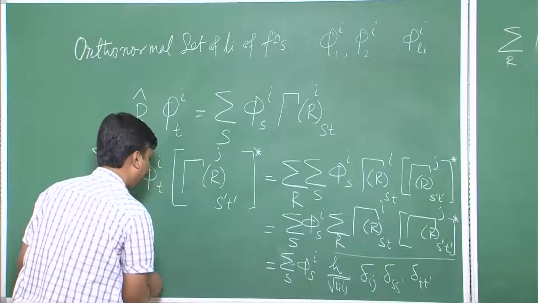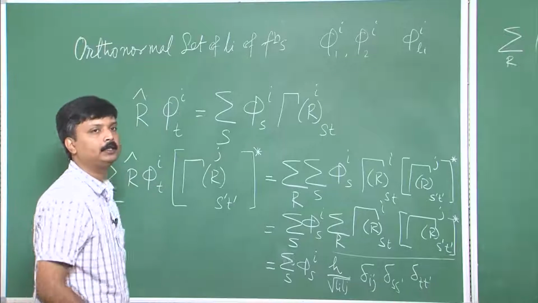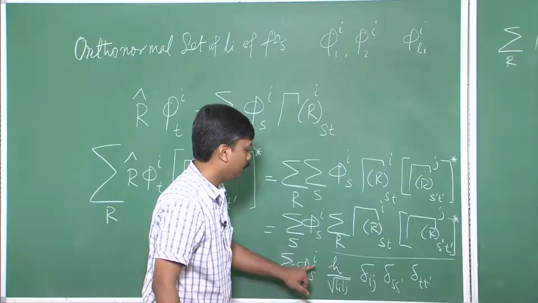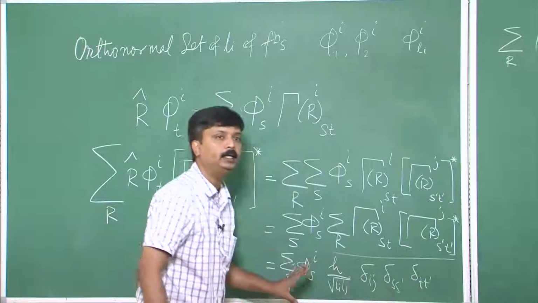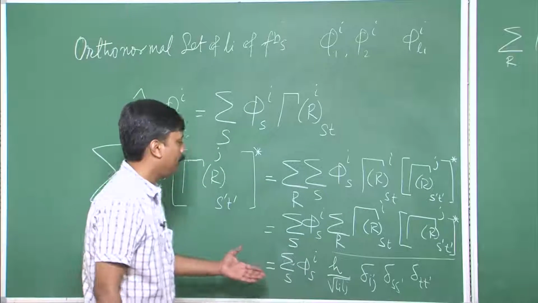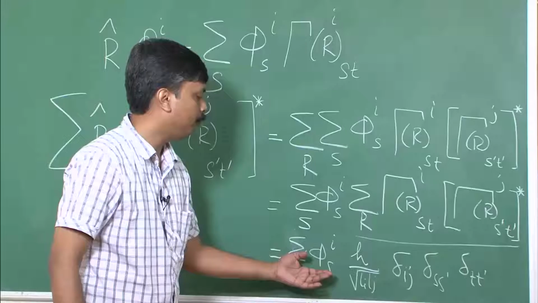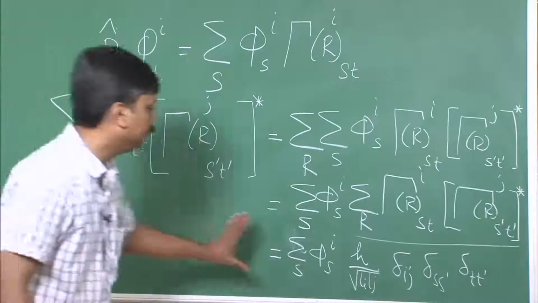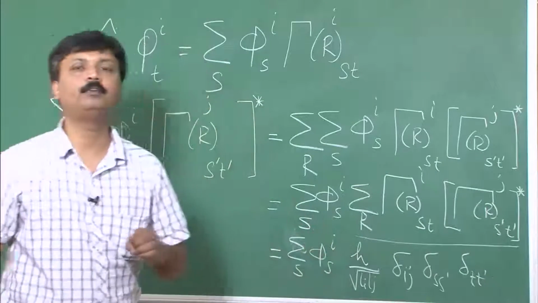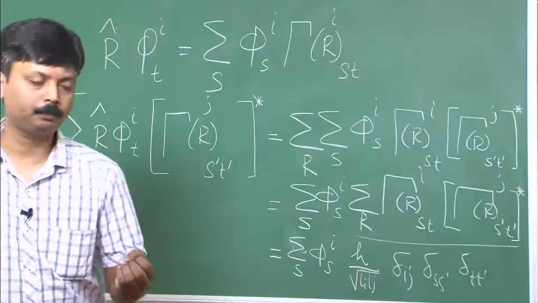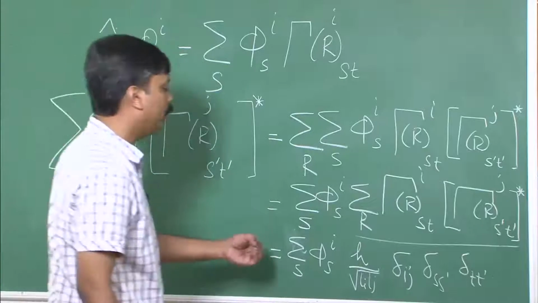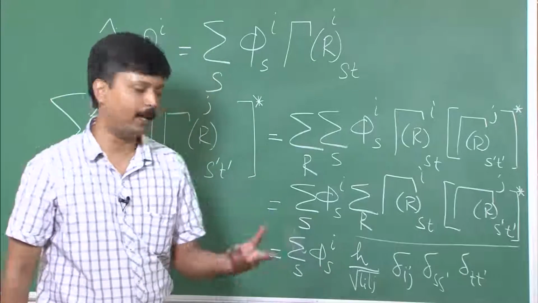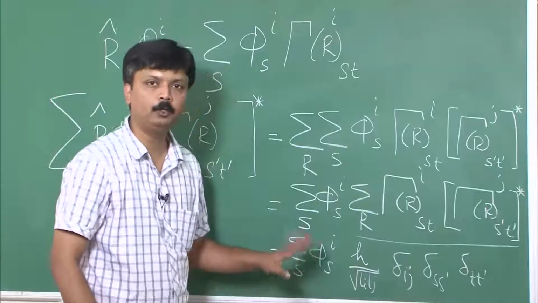And then whatever I have on the other side remains. So this right hand side immediately tells me that this side will give a non-zero value only when s is equal to s prime, right? I am summing it over s.